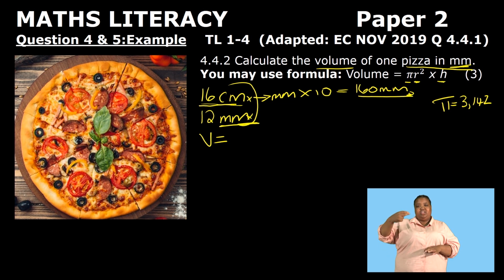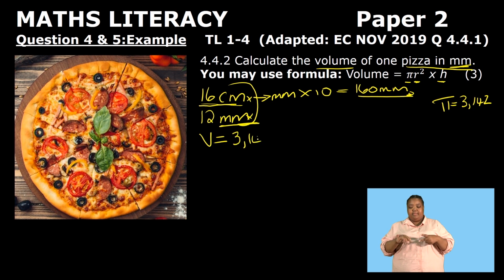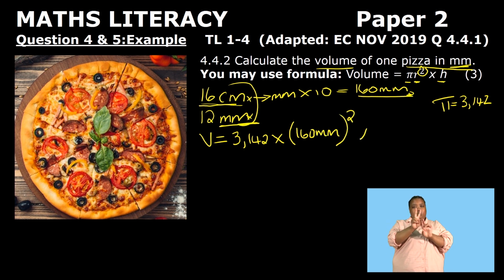Now let us continue substitution. We have V, which is for volume, equals pi, with the value 3,142, multiplied by, and we can put in brackets because we are working with a square, our r for radius squared, so we are going to have 160 millimeters all squared, multiplied by our height, which is 12 millimeters.